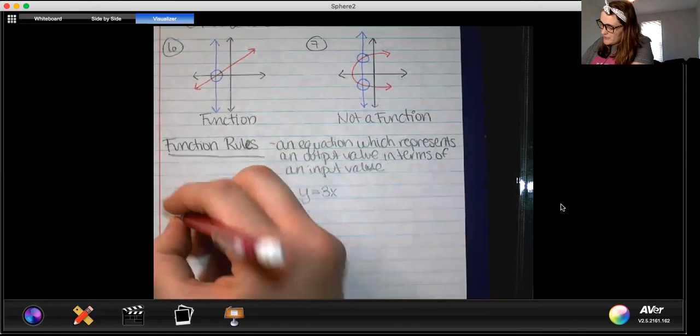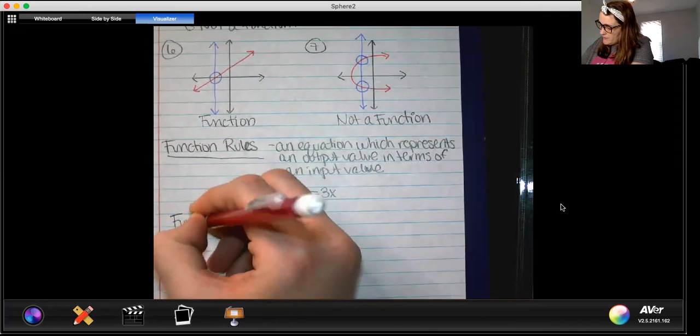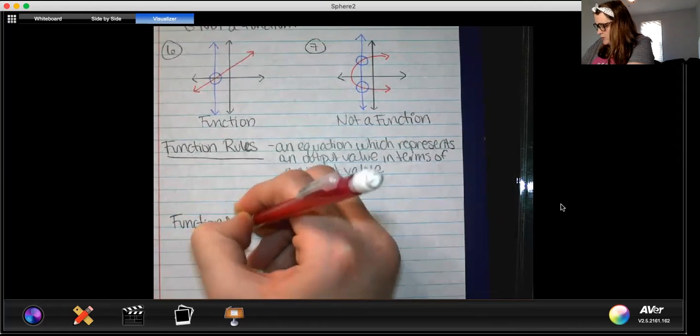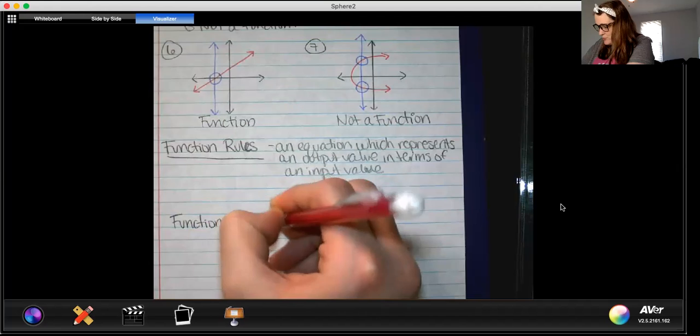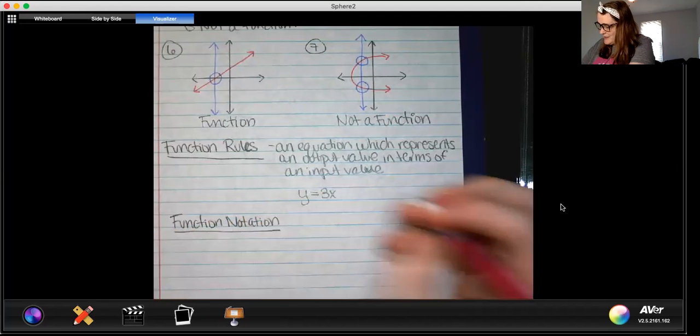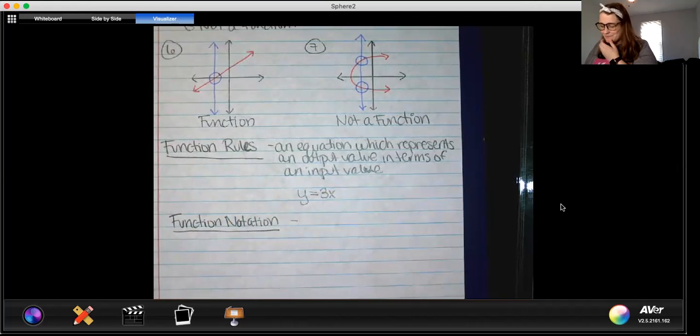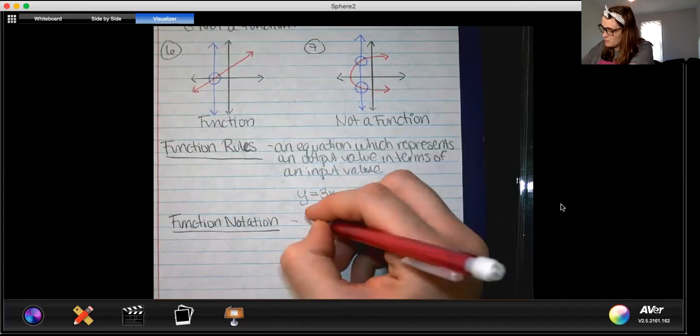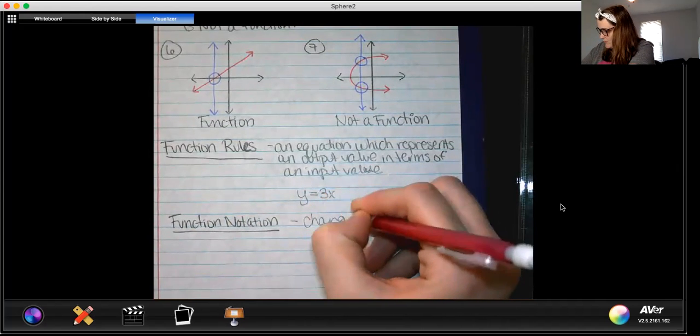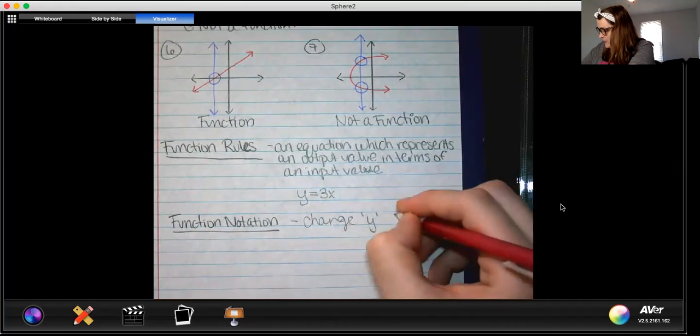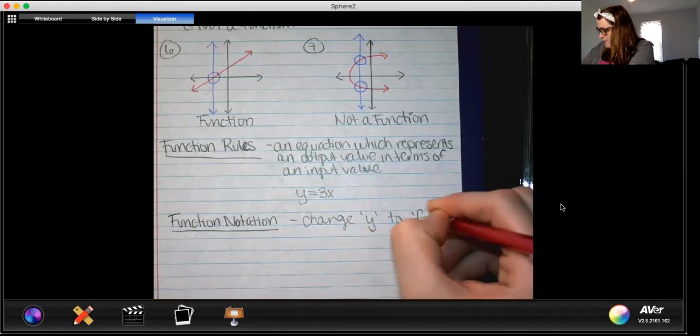What you don't see all the time, which is new, is function notation. Now you've seen this before in Algebra 1, but it's good to remember. Function notation is when you change y to f of x.